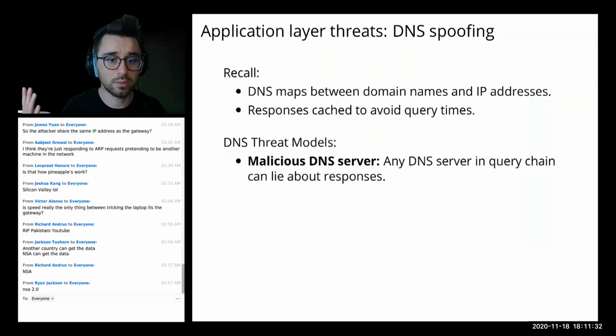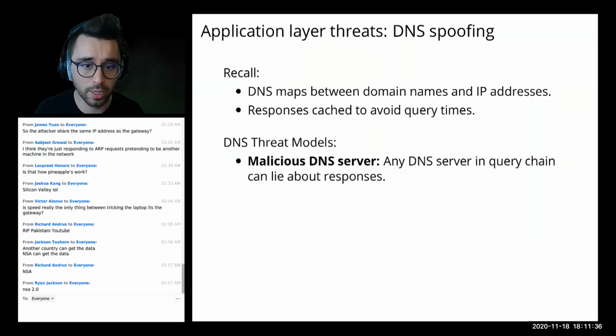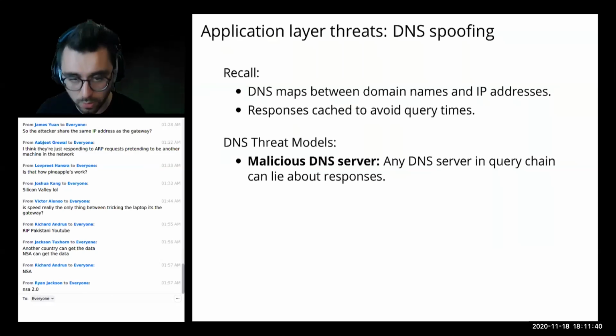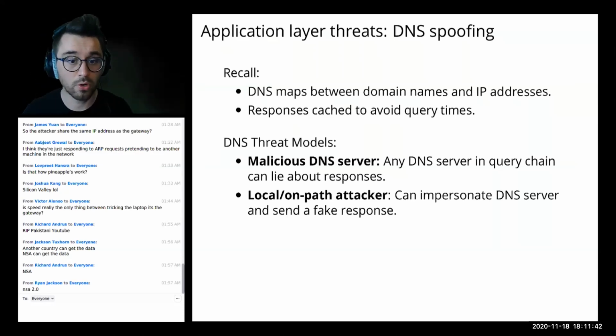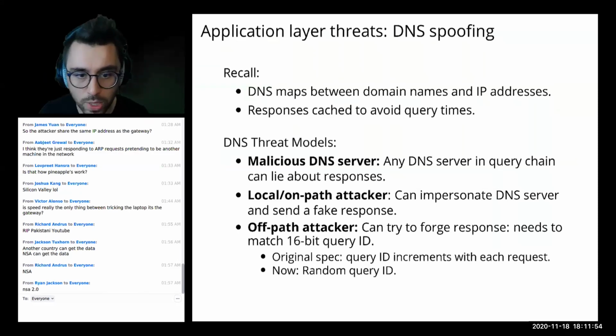So what can this malicious DNS server do? Well, it can respond to any query and lie about responses. There's nothing authenticated with these packets. But we can also have a local on-path attacker, who can impersonate a DNS server and send a fake response. We can also have an off-path attacker.